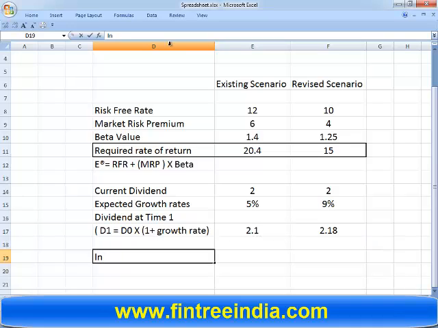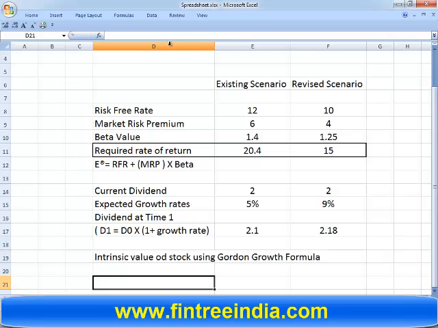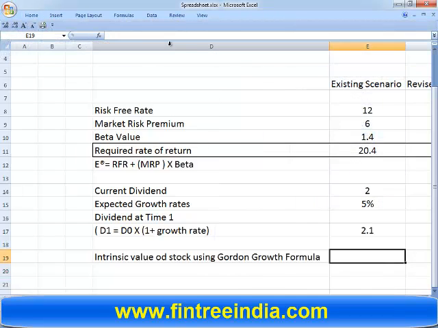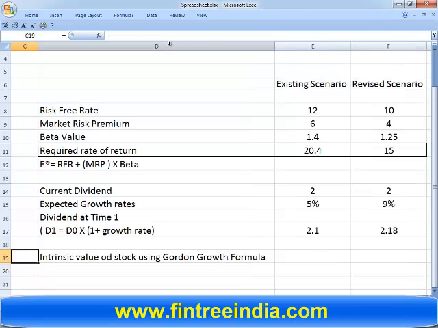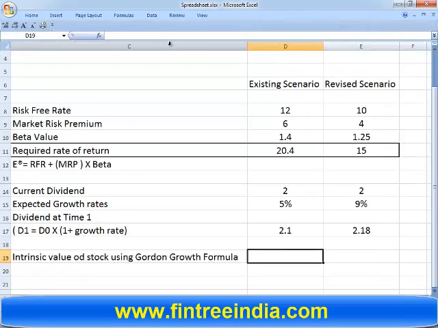And then intrinsic value of stock using Gordon growth formula. Intrinsic value of the stock using Gordon growth formula.